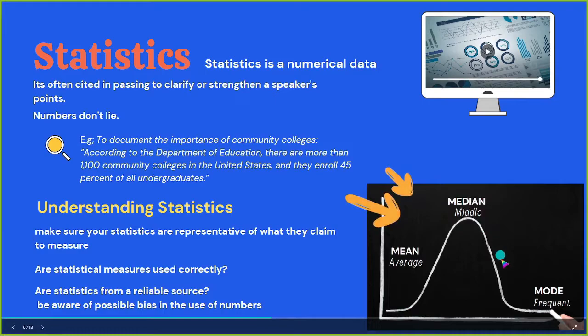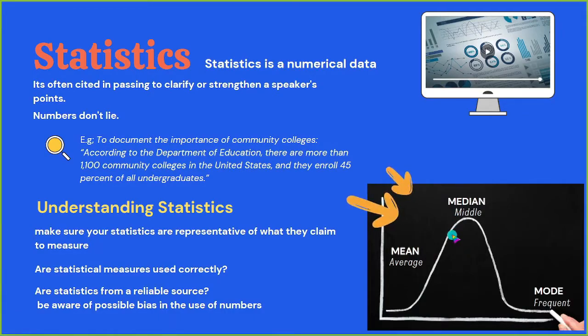Usually if you check student perceptions in online learning, you use the median to determine their perspective, what most of the students' perspective is towards online learning.